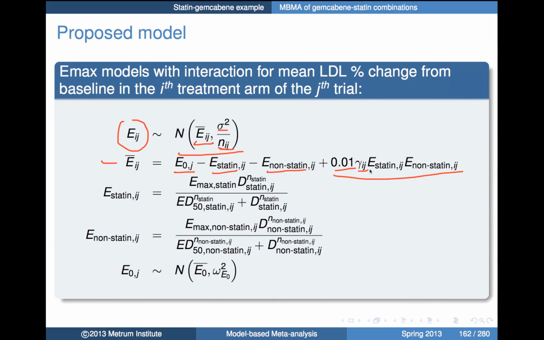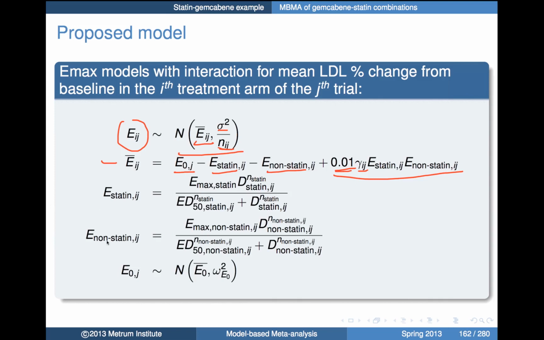So this gamma is being allowed to vary to allow for the possibility that instead of a simple multiplicative interaction, there may be some sort of interaction which results in this value being something other than 1. The 0.01 is an artifact of the fact that this has been translated to percent. So you have to divide that interaction term by 100 in effect to make it all come out correctly to a percent.